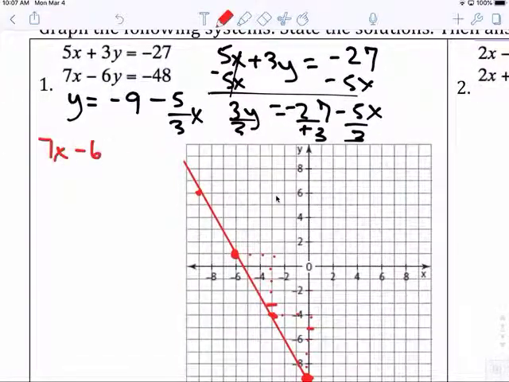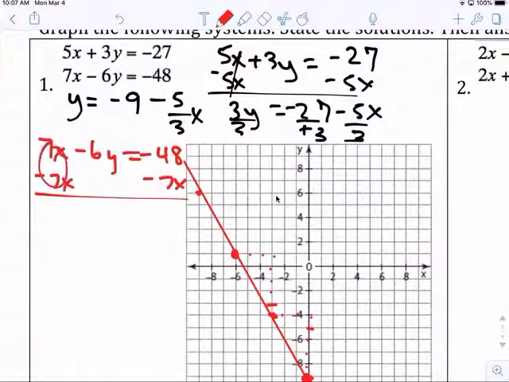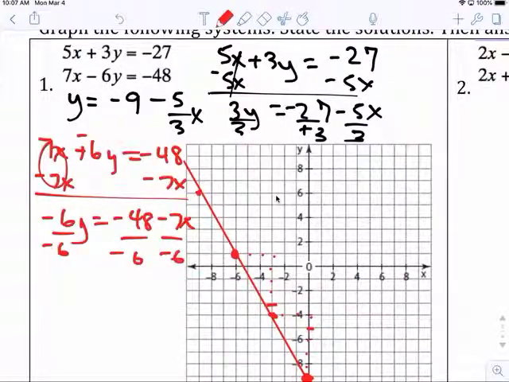7x minus 6y equals negative 48. Minus 7x. Okay, that's 0. That's a negative 6y equals negative 48 minus 7x. Divide by negative 6. Y equals 8 plus 7 over 6x.